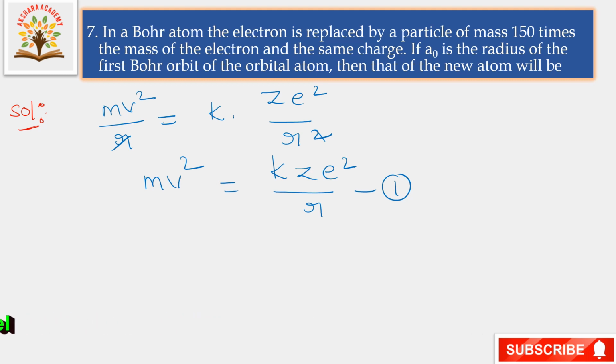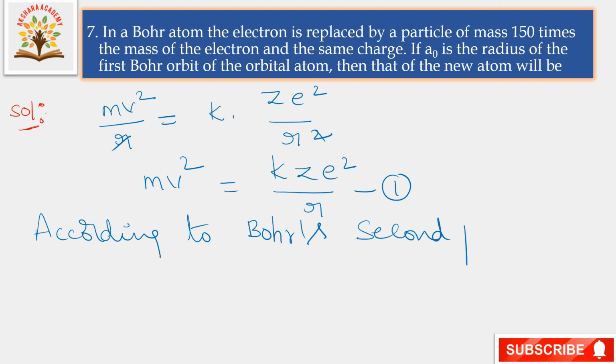According to Bohr's second postulate, L is equal to nh by 2 pi.